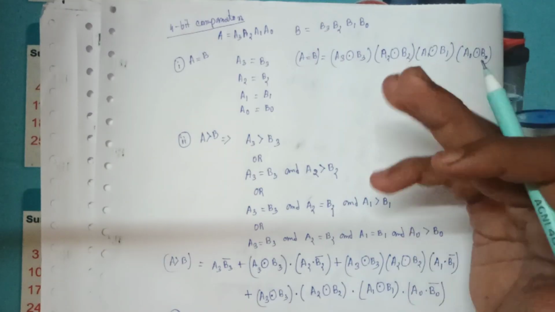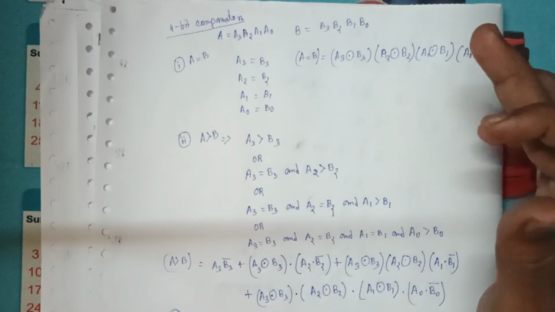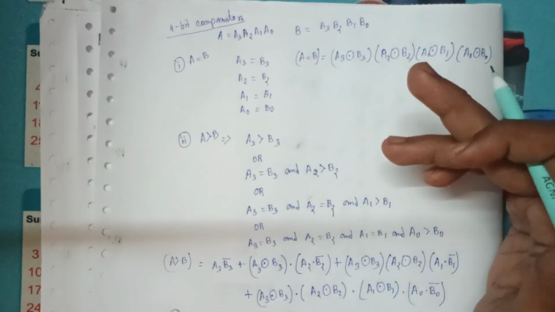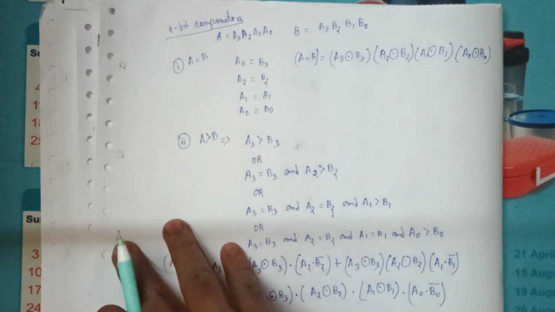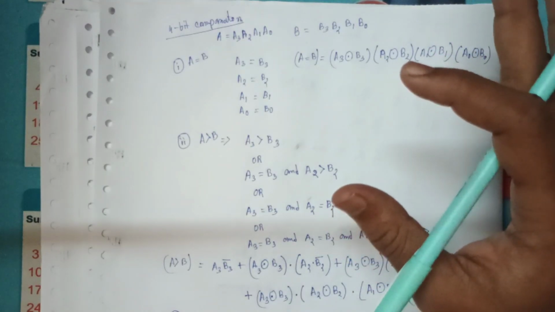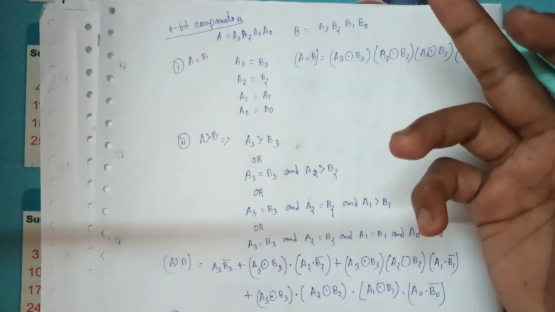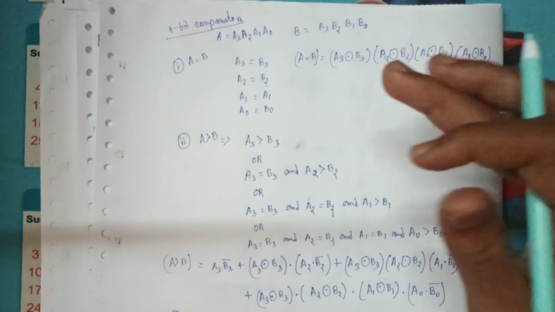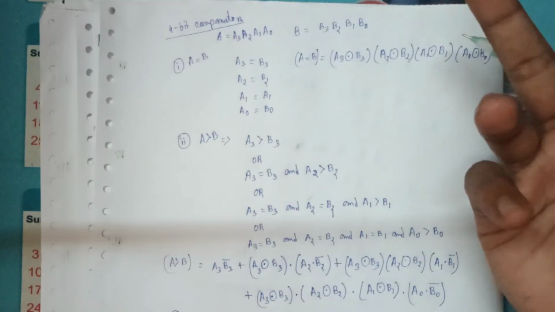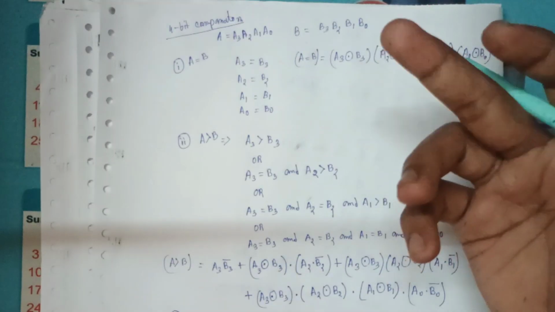This chip packages all that priority logic into one small 16-pin device. If A and B are the two inputs, it takes 4 A bits and 4 B bits and gives output. As we know, there are three outputs: A equals to B, A greater than B, or A less than B, right? Obviously it will give one output out of the three.